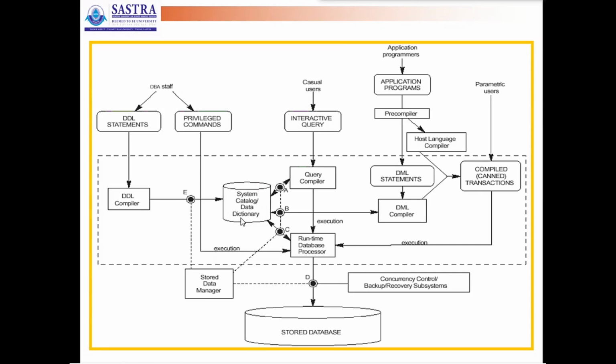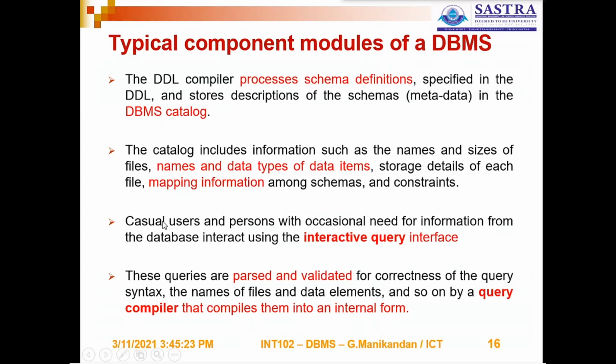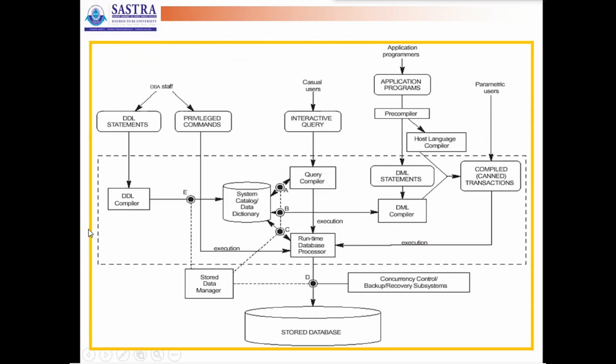Metadata is data that describes the data. So what information are you going to store inside the DBMS catalog? You will be storing the name, data type, constraints. All the information will be extracted from the DDL schema and stored in your DBMS catalog. That is the role of your DDL compiler.